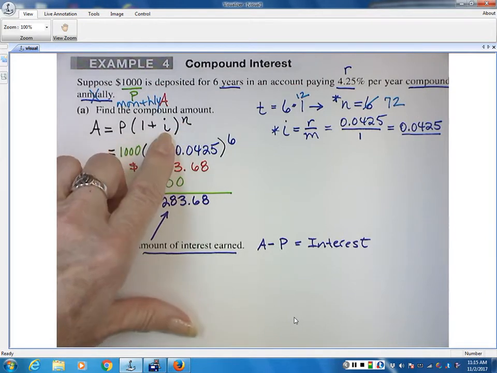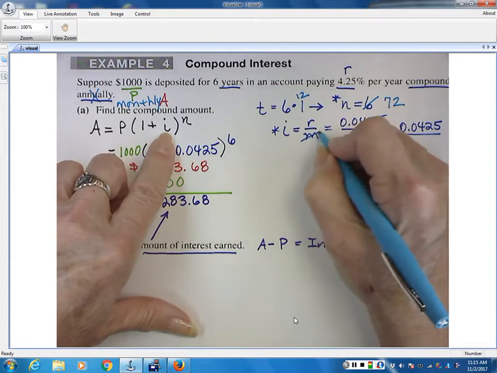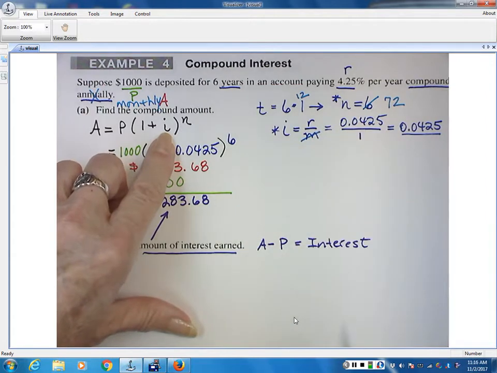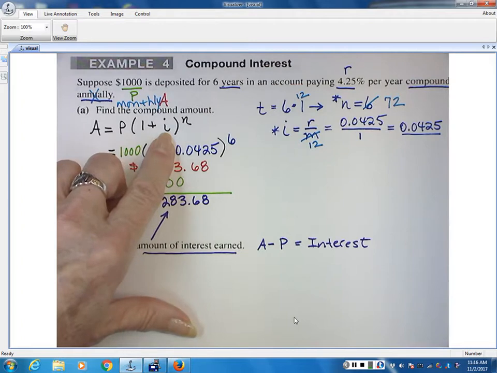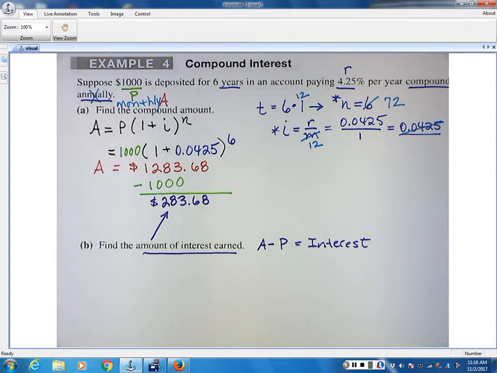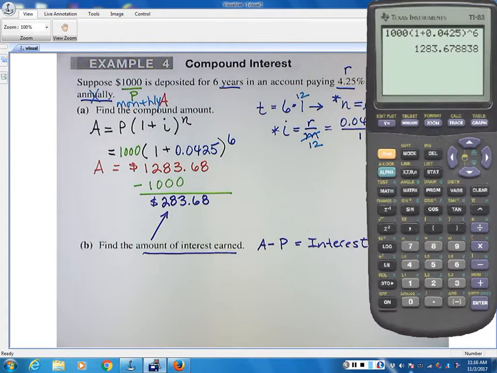Your interest rate is going to change. It's going to be the annual interest rate, but divided by 12 for once a month. So instead of being 0.0425, it's only going to be 0.354% per month.